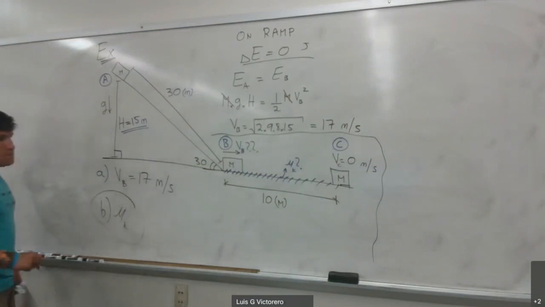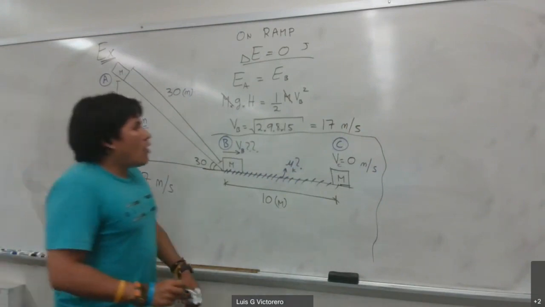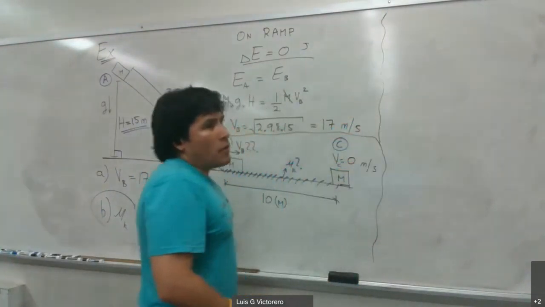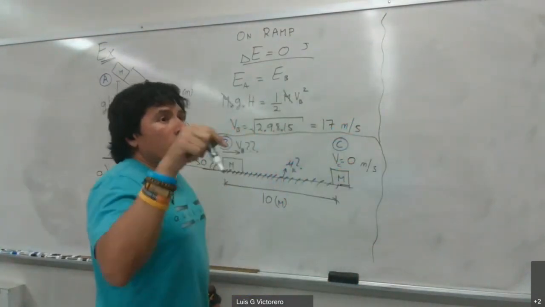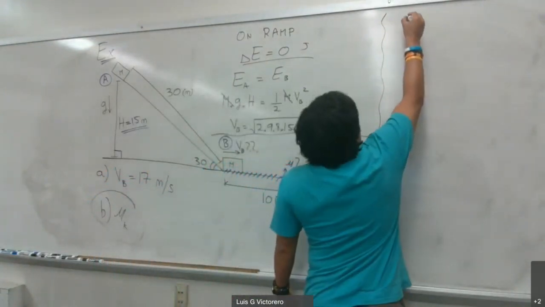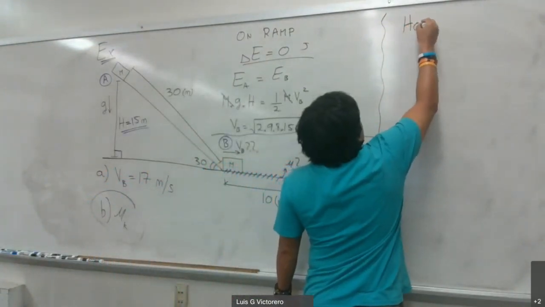How about mu k? Horizontally, it is not isolated anymore. It's a non-isolated system. There are external forces acting on the body. So for the horizontal, there is friction.